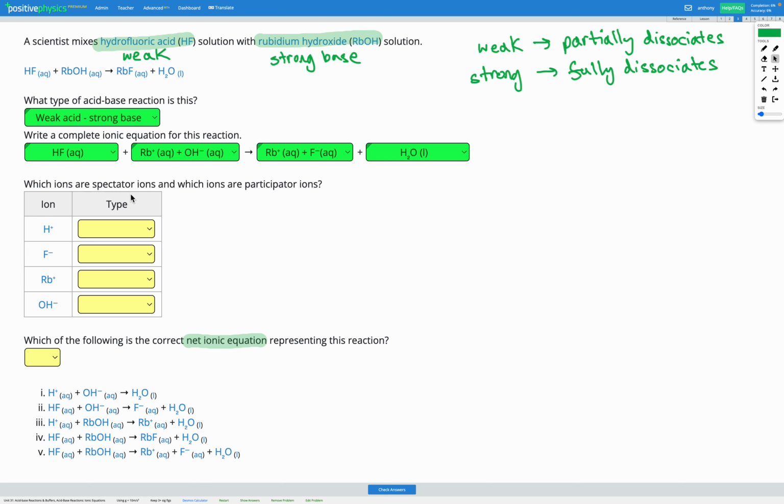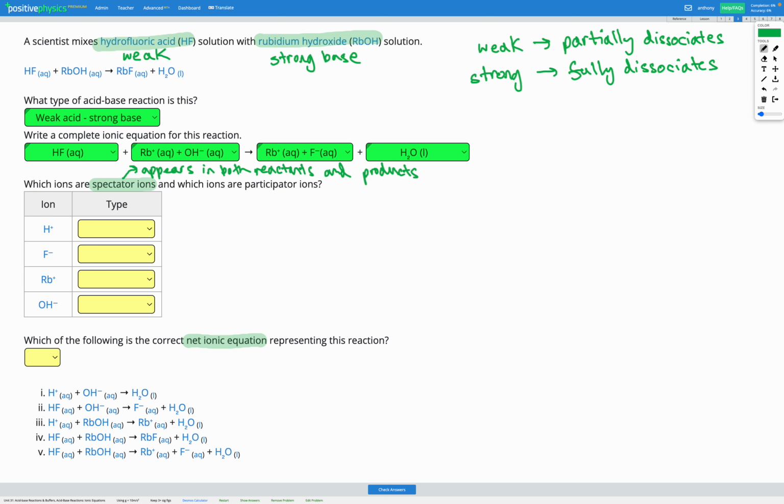Okay, our next job is to figure out which are spectator ions and which are participator ions. So a spectator ion is anything that appears in both reactants and products. So let's have a look at our options here.